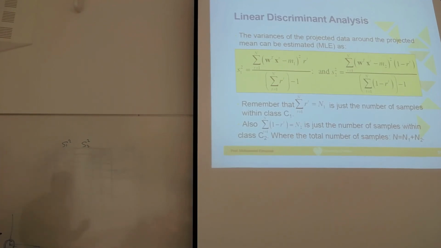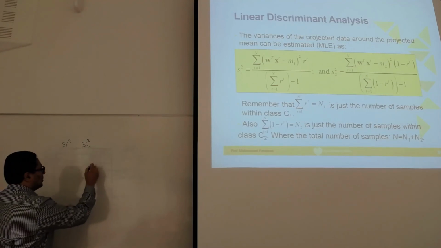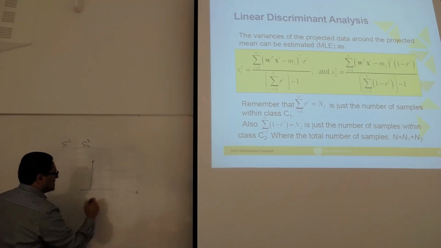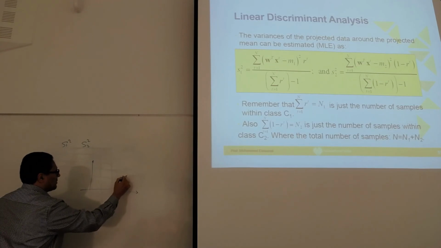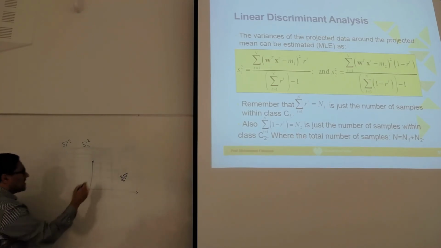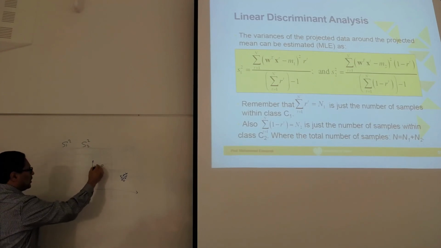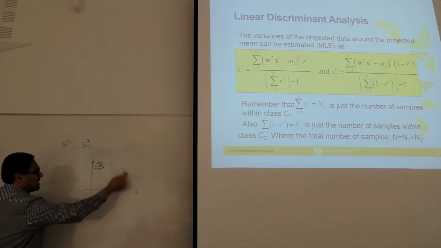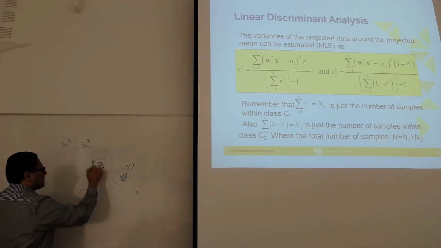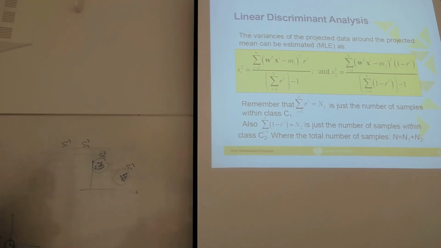So for example, we like to have the crosses of one class very close to each other, and the other class, for example, circles, also very close to each other. So the variance here is given by S1 square, the variance here is given by S2 square. Then our aim is to minimize S1 square plus S2 square.